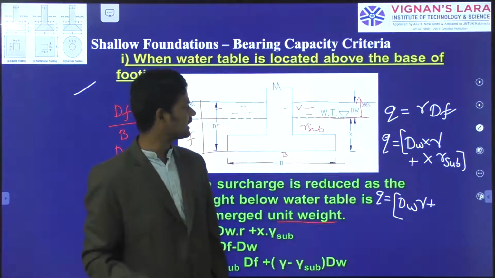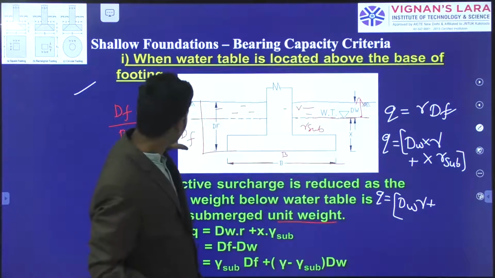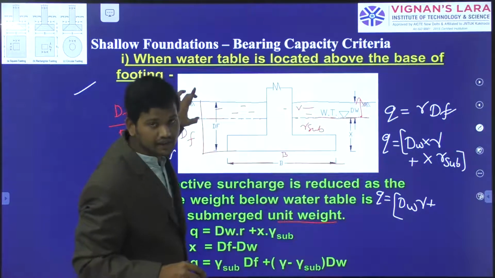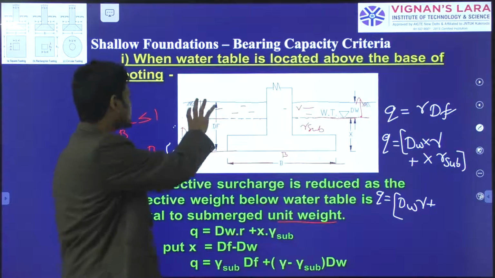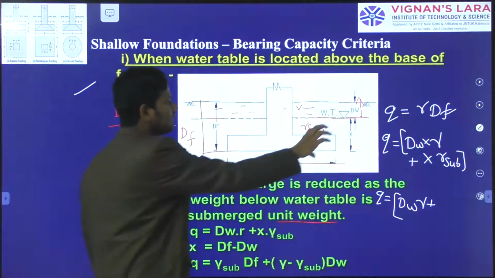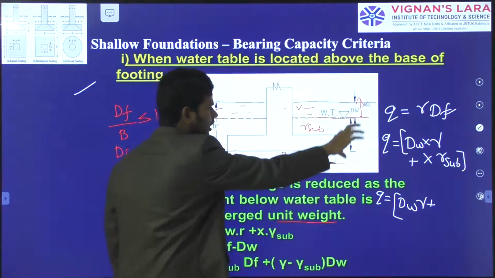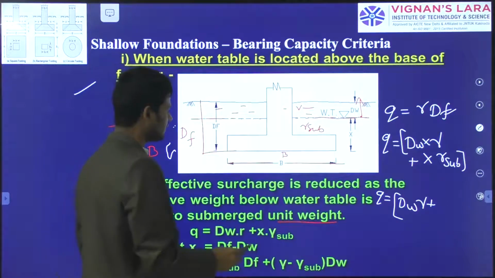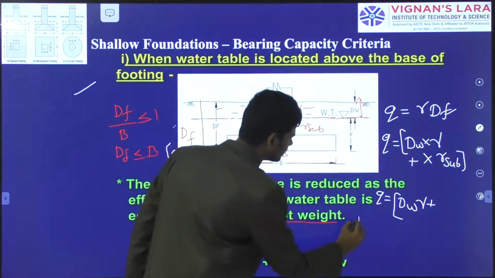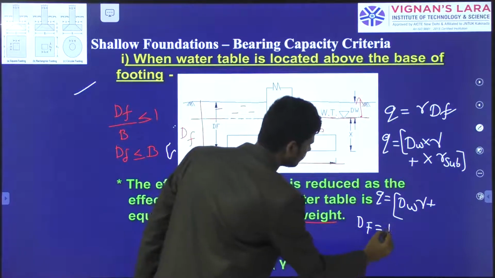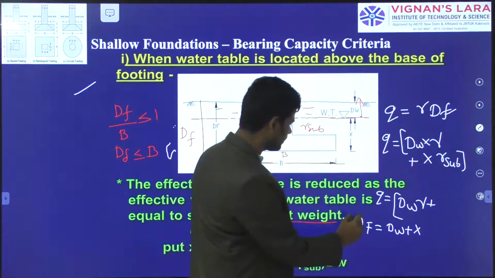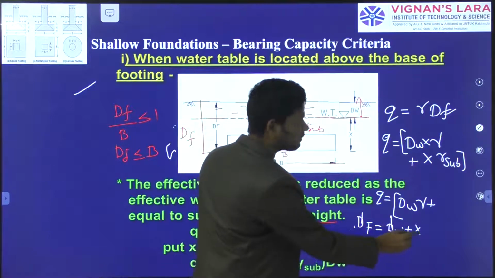How do we get the x value? We get it by subtracting the depth of the water table from the total depth of the foundation, which I know. Otherwise, the depth of foundation df equals dw plus x.